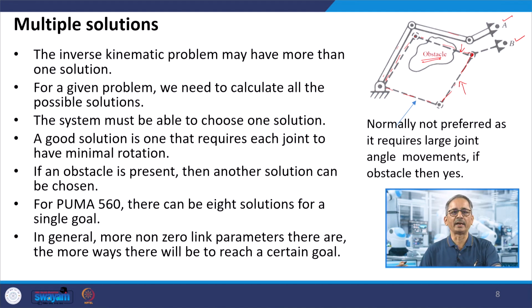This is how it is done, and for Puma 560 there can be 8 solutions for a single goal. In general, the more non-zero link parameters there are, the more ways there will be to reach a certain goal in the workspace.